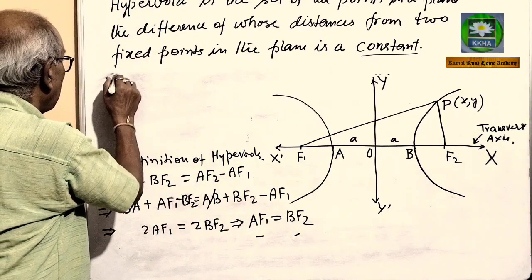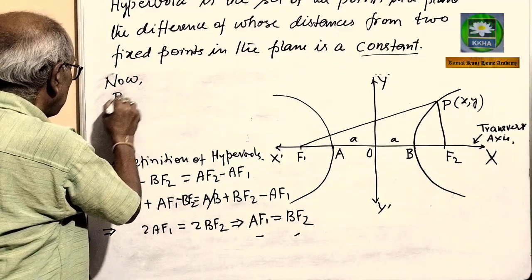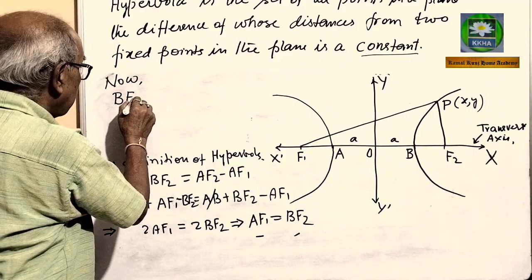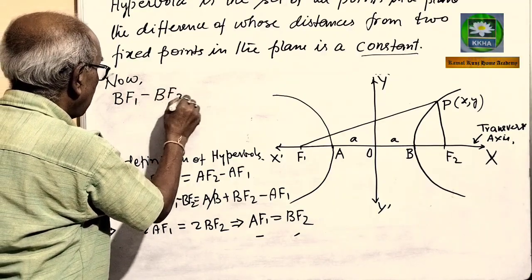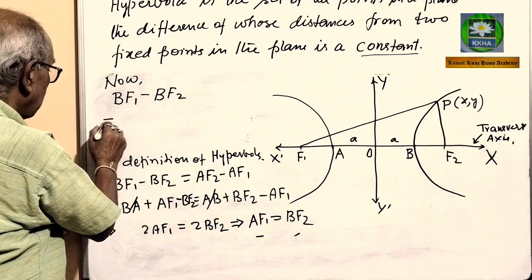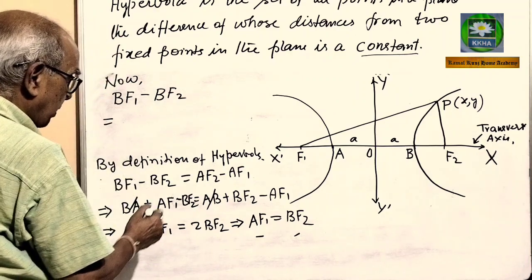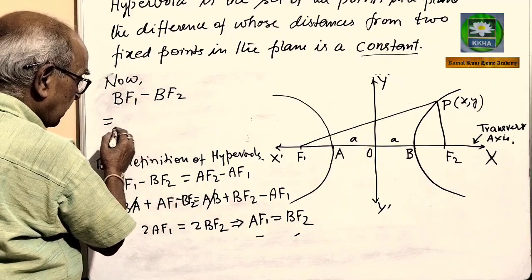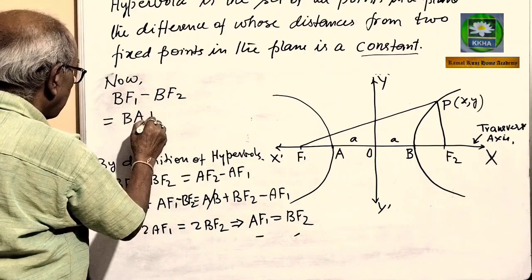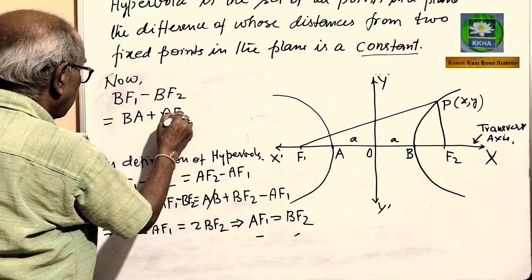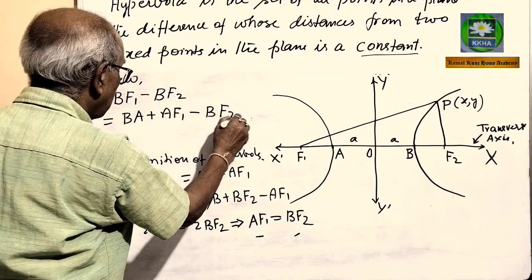Now BF1 minus BF2 will be equal to BA plus AF1 minus BF2.